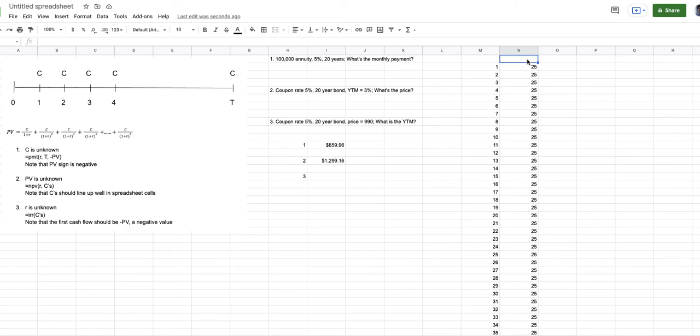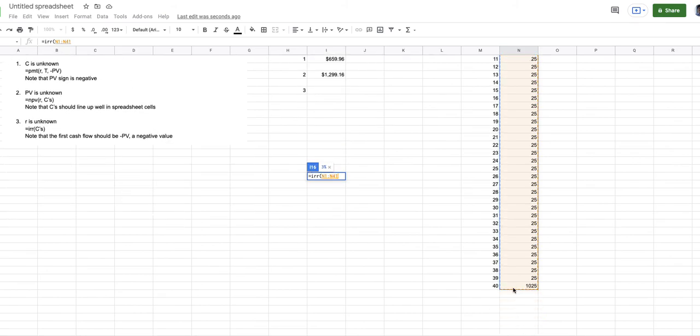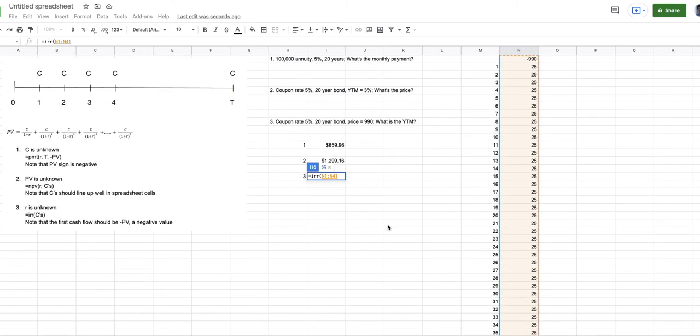Suppose you buy the bond paying this much. You need to enter it as the first cash flow in negative terms. Now I can use IRR for that calculation. If I select the whole cash flow, including the very first one, which is the bond price, then you get the discount rate.